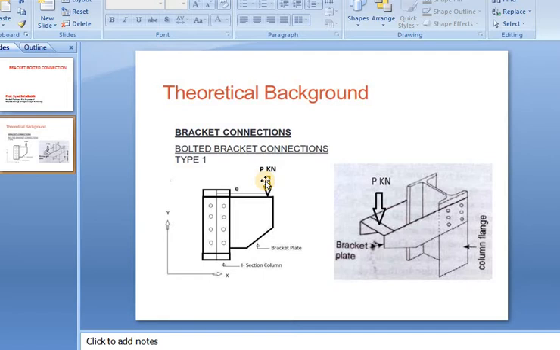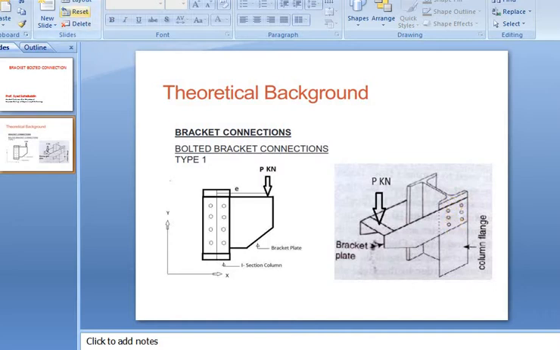This load is taken directly here, and we have to first find out the eccentricity, the distance of this load from the center of the bolts.